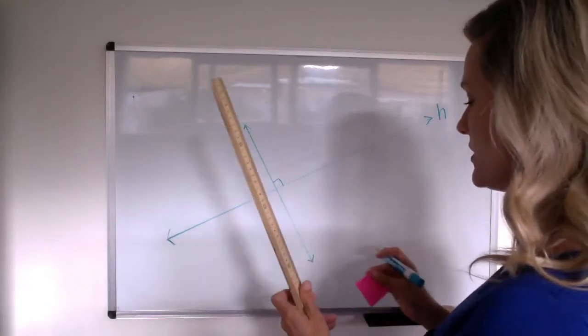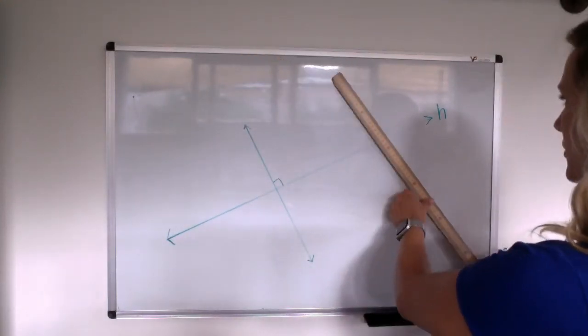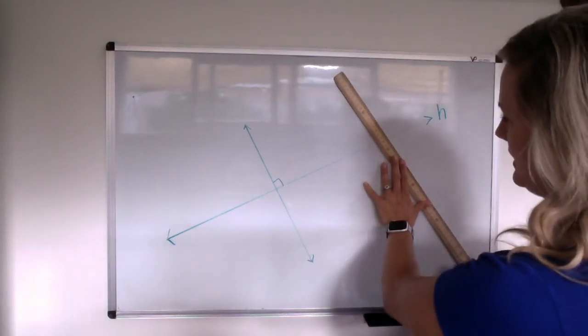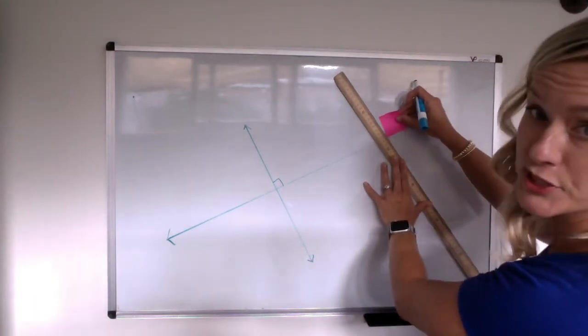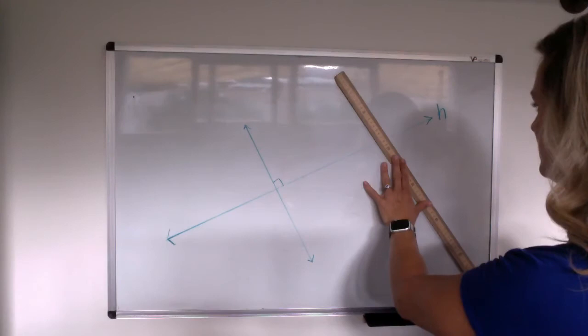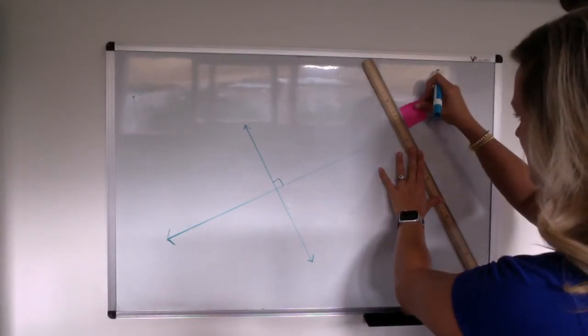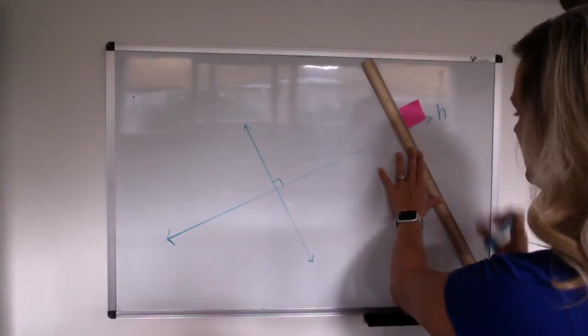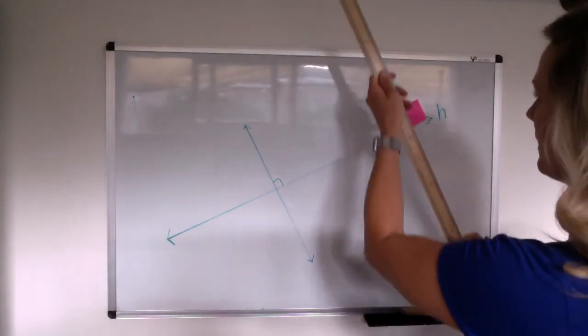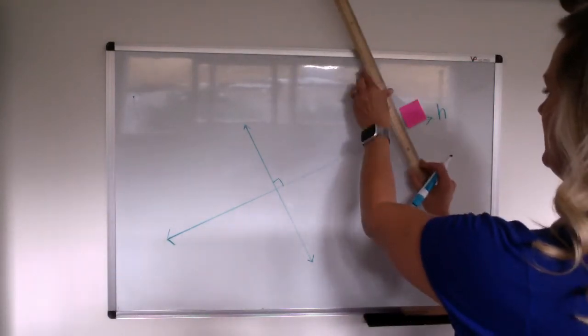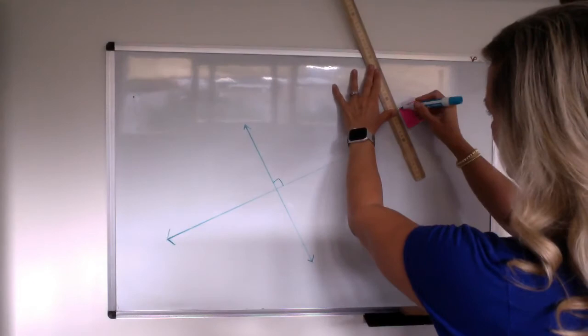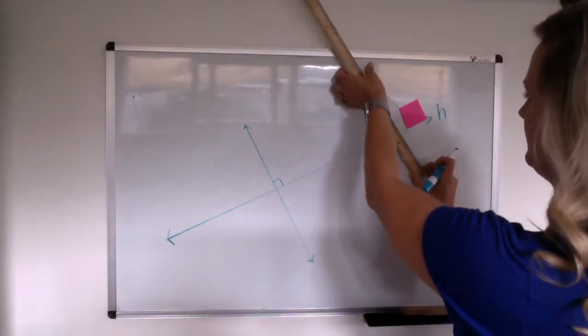Okay, what if I want to do another one? Well, I could do another one over here. Does that look like 90 degrees? Definitely not. Let's see, I gotta get it right. Oh man. Okay, so I'm going to go with that.